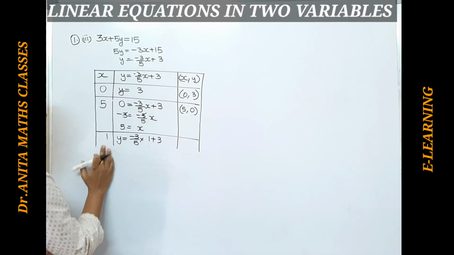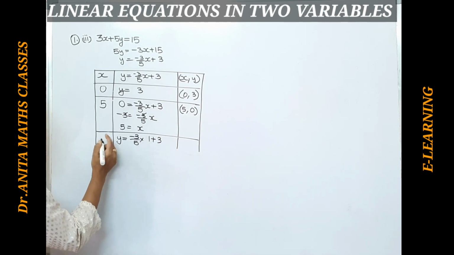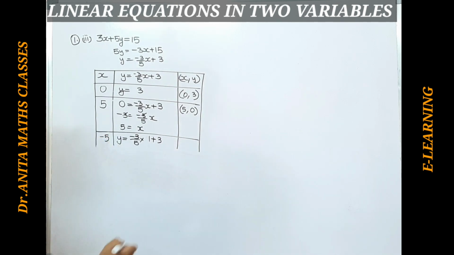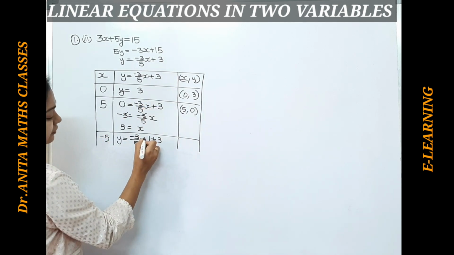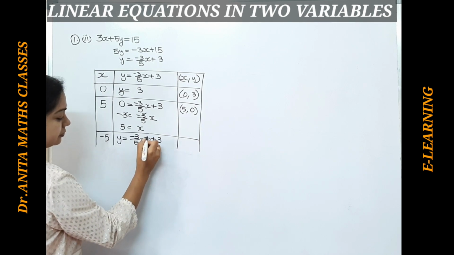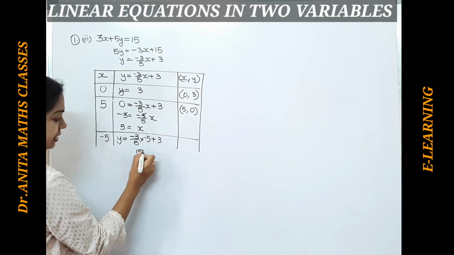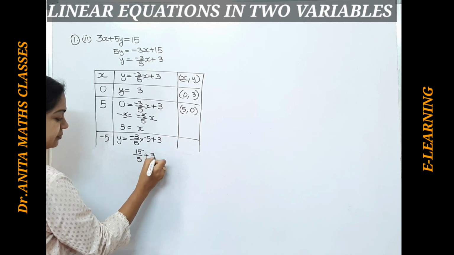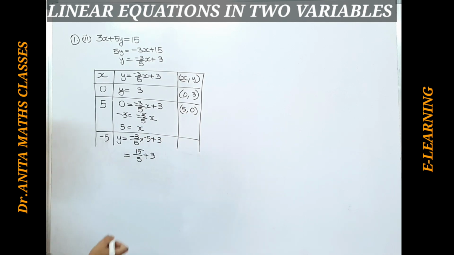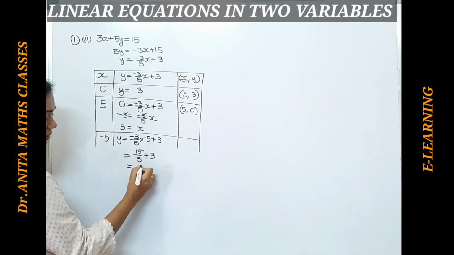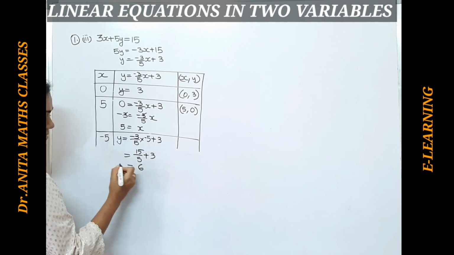Right. Now let me take minus 5, let us suppose. If you take minus 5 here, this comes to plus 15 by 5 plus 3. Minus minus plus. 5 ones, 5 threes, so that becomes 3, and 3 plus 3 is 6.